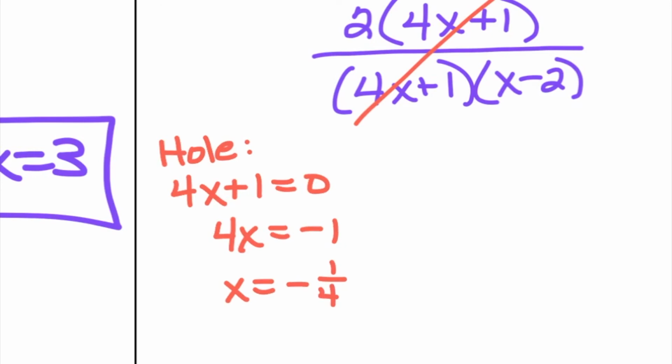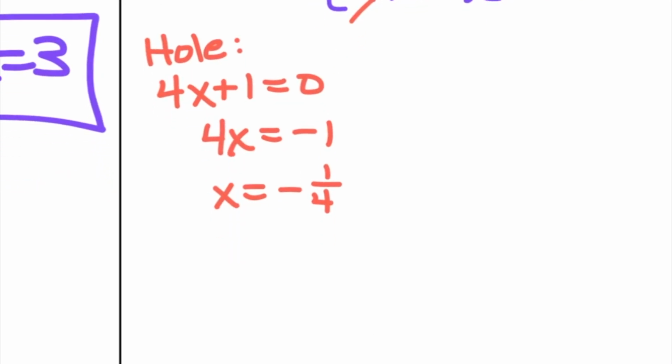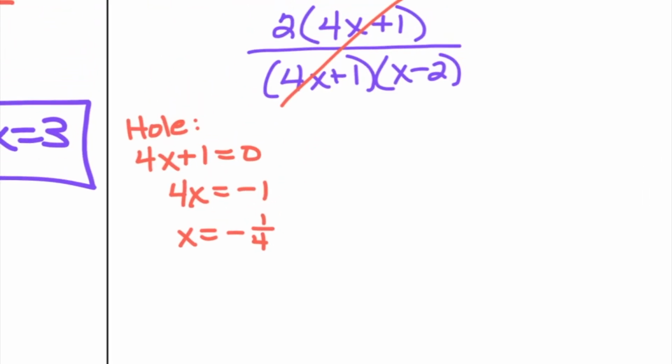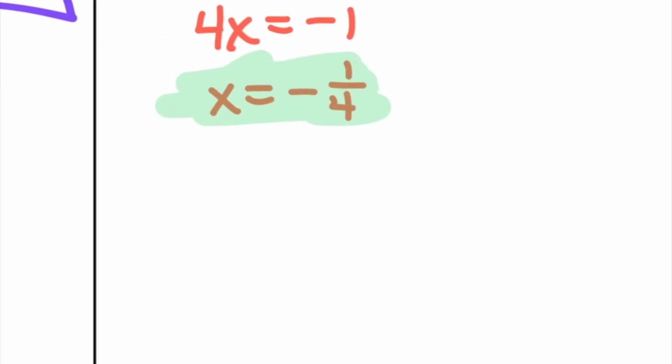But I also want you to find the y value. So you find the y value of the hole by looking at what you didn't cancel. So I've got 2 over x minus 2. Substitute the x value of the hole into 2 over x minus 2.